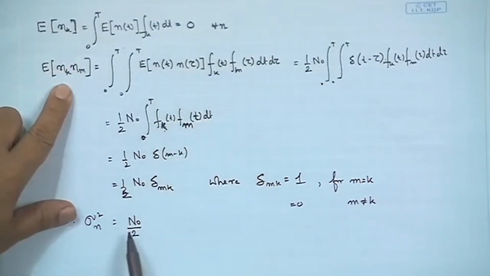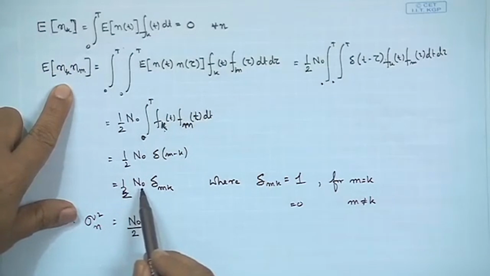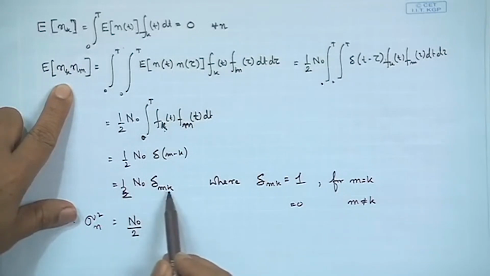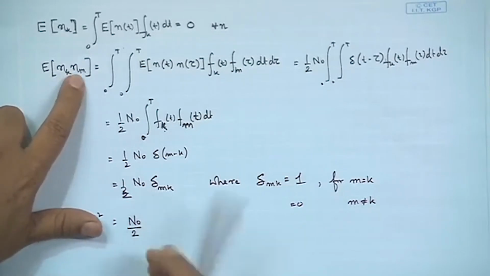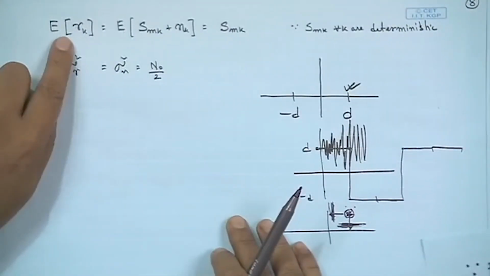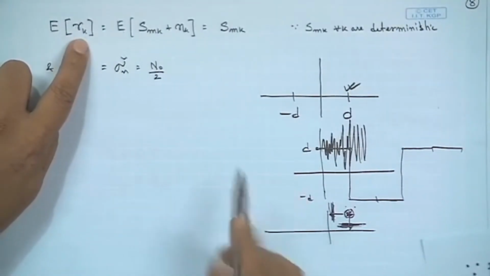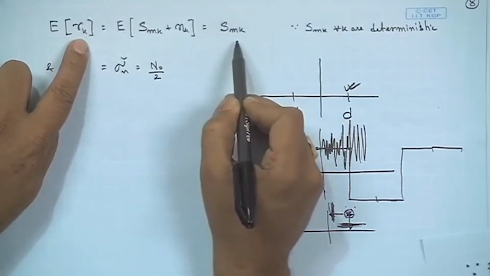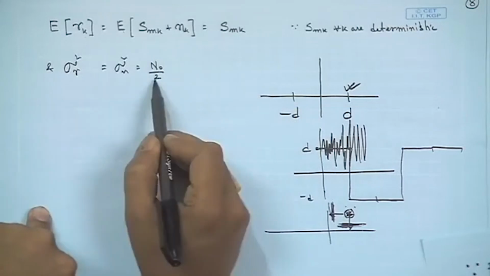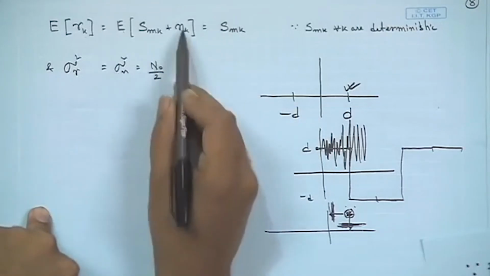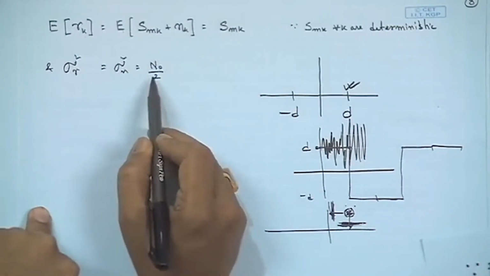The correlation was N naught by 2 delta m k, which effectively means that they are uncorrelated for different values of m and k. And then we looked at the expected value of the component of the signal, which turned out to be the component of the transmitted signal itself, and the variance is of course the variance of the noise component, which is N naught by 2.